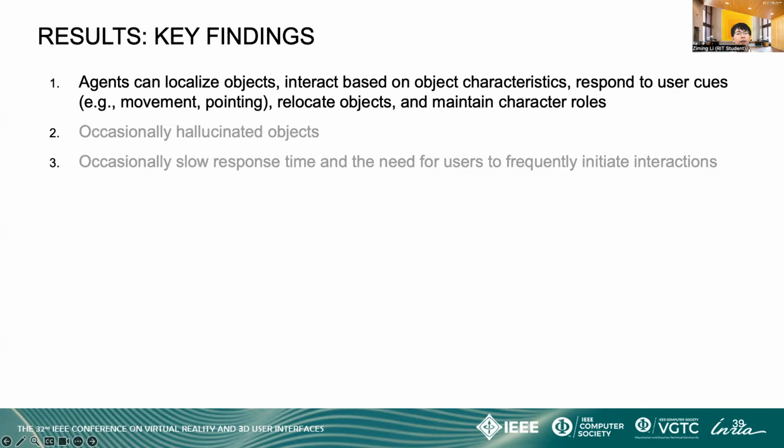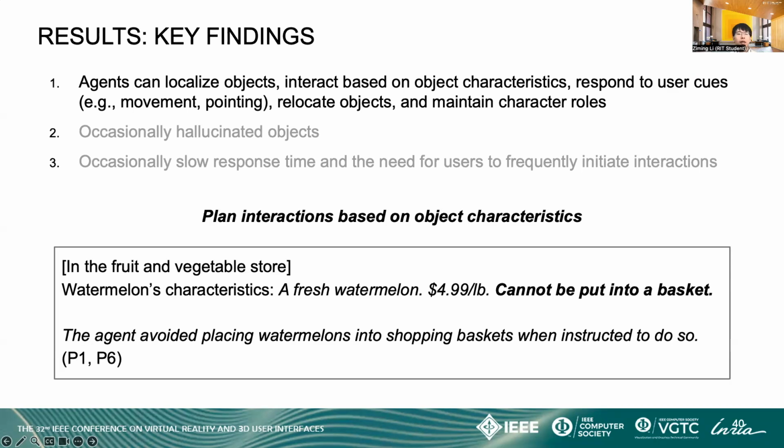First, we identify the agent can localize objects, interact based on object characteristic, respond to user cues such as movement, pointing, relocate object, and maintain character roles. For example, in the fruits and vegetables store scenario, we identify the agent can plan interaction based on object characteristic, where the agent avoids placing watermelons into shopping basket when instructed to do so.